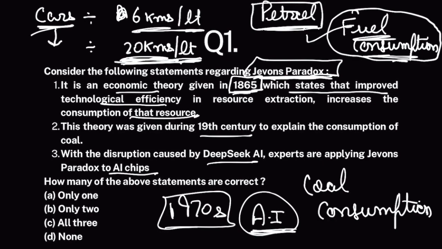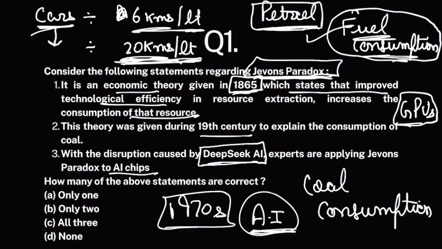Because you see, AI runs on chips called graphics processing units. Now these graphics processing units are very expensive and they are a scarce resource. But with the entry of DeepSeek AI, a Chinese startup, this startup has shown that you do not require that many GPUs to run a successful, very big, efficient model.